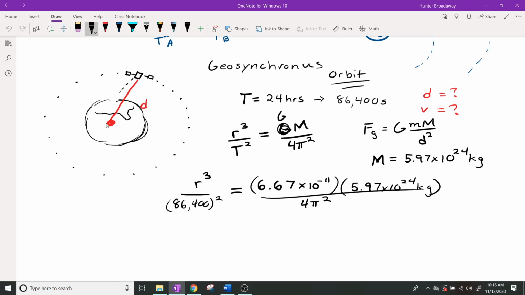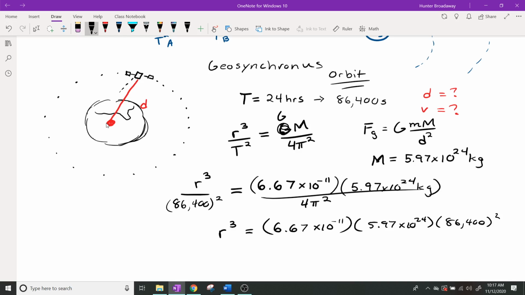So our radius value, once we do this calculation, is 6.67 times 10 to the negative 11th times 5.97 times 10 to the 24th times 86,400 squared.